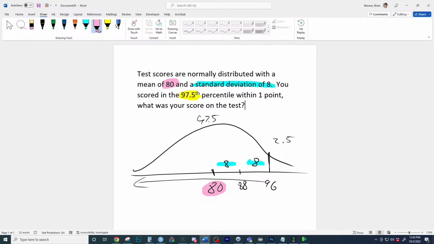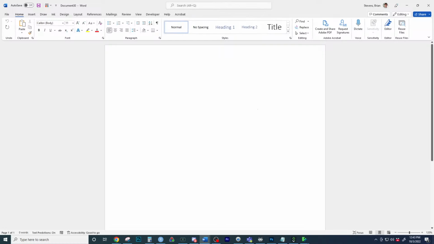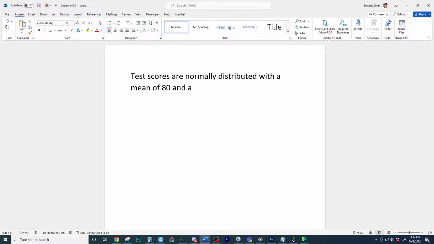Now, we could change up the question to make it more difficult. So let's try another version of this. Similar question. Test scores are normally distributed with a mean of 80 and a standard deviation of 10.